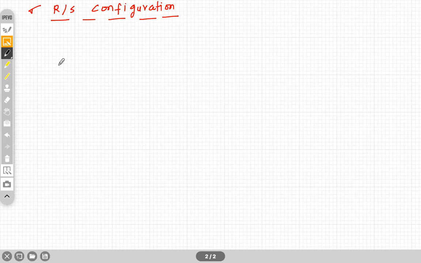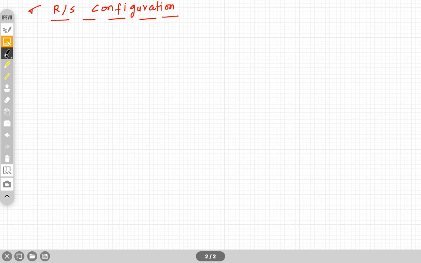We assign priority on the groups or atoms attached to the chiral carbon according to the CIP rule, right? So we'll assign priority 1, 2, 3, 4.